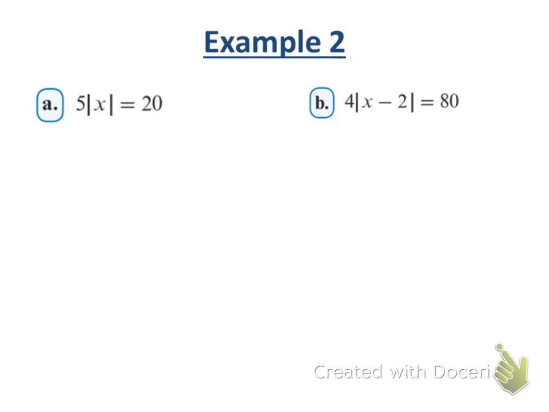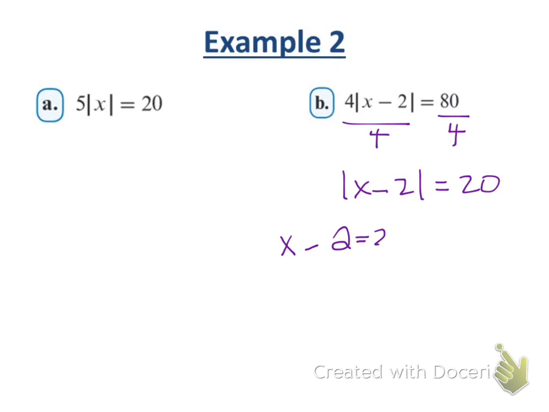First thing we're going to do here is, again, we have to get the absolute value part by itself before we can apply the definition of absolute value. So you'll divide both sides by 4, and that gives us absolute value of x minus 2 equals 20. And then we are going to split that. What are we going to get? x minus 2 equals 20, or x minus 2 equals negative 20.